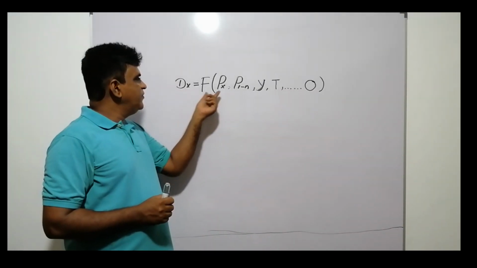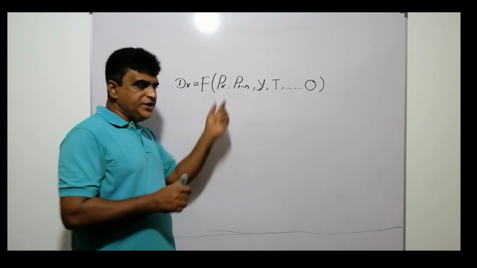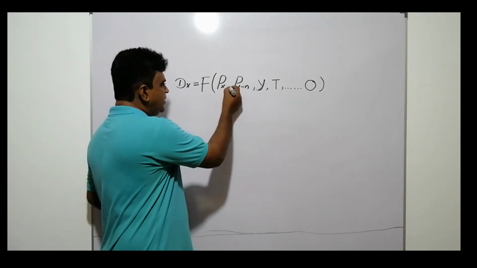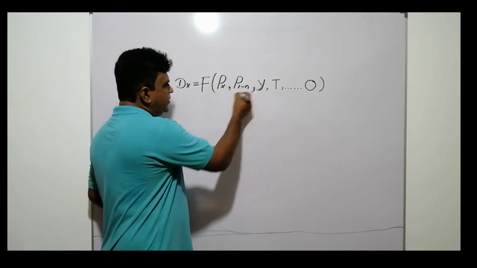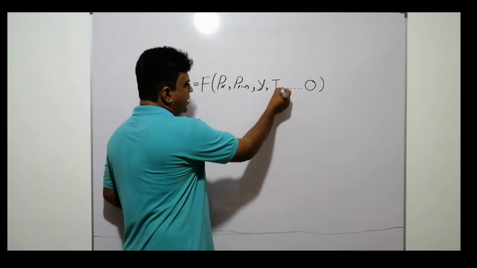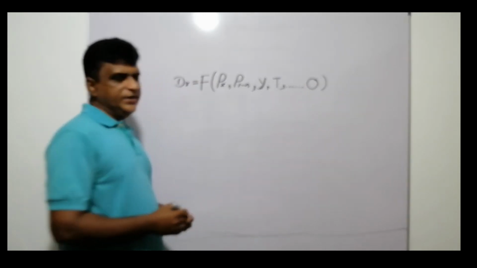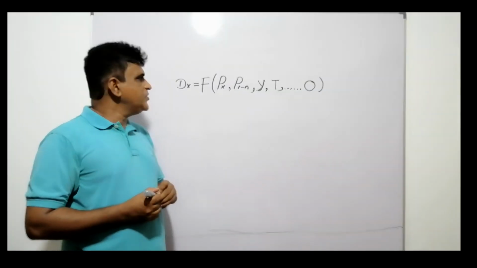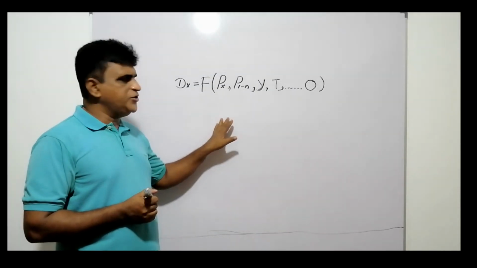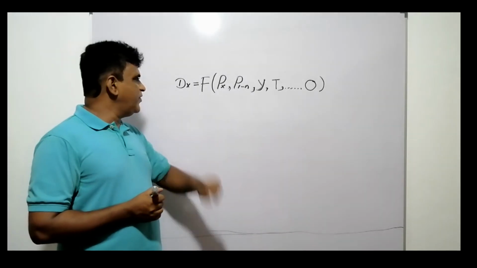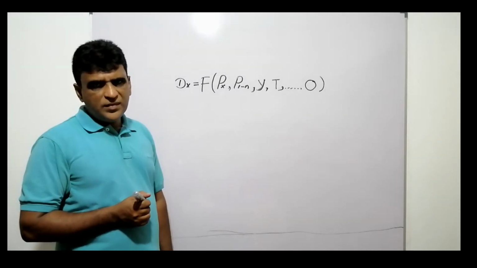Dx is a function of the price of the desired good, price of other goods, income, taste, and so on, others. This is known as the demand function. Right.